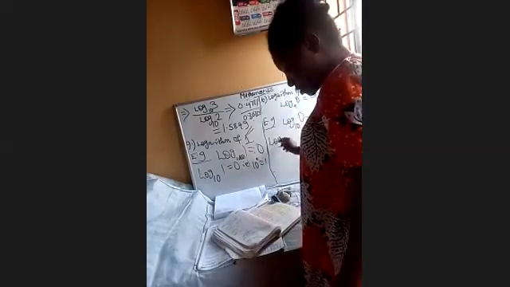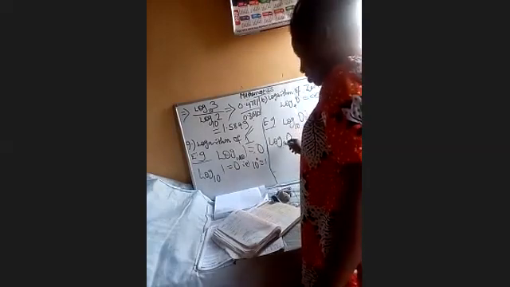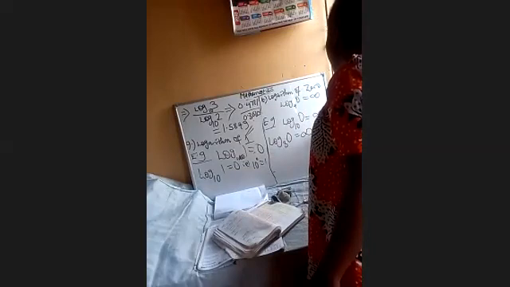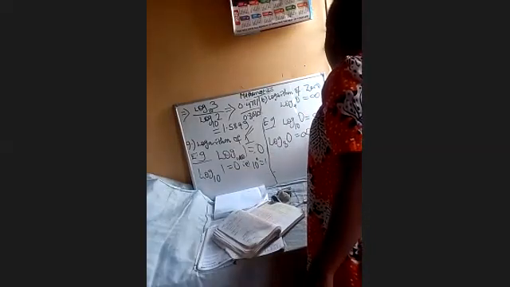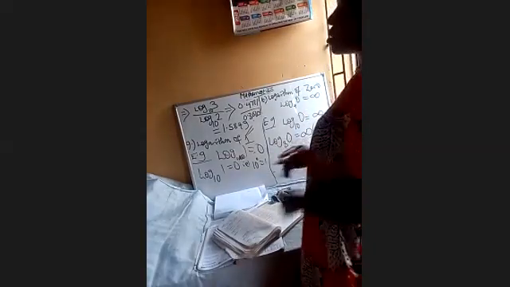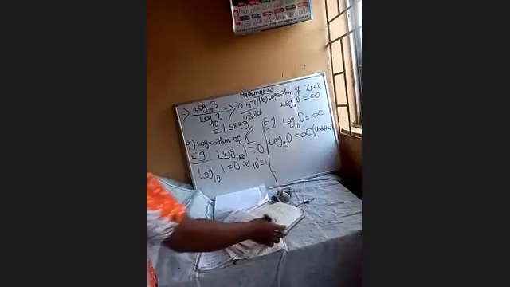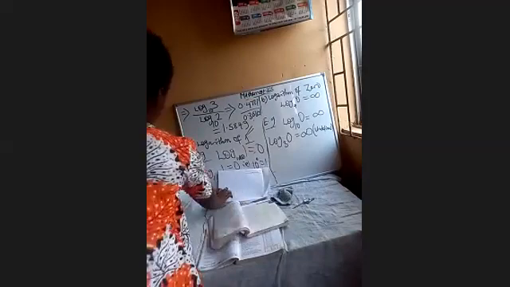If we have logarithm of 0 to the base of 3, it is undefined. Logarithm of 0 to whatsoever base is undefined. Logarithm of 1 to whatsoever base is 0. So that will be all for rules of logarithm.